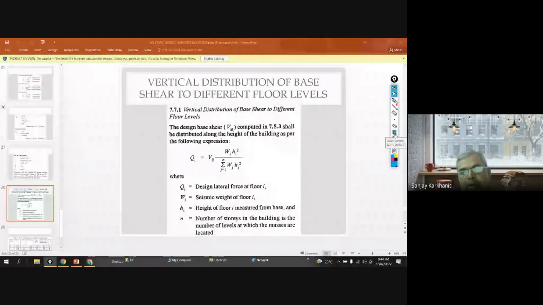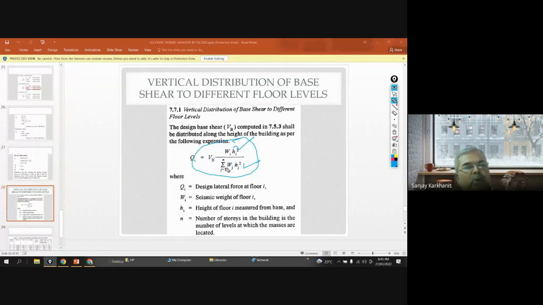अभी ये कॉम्प्लिकेटेड लग रहा है? No, sir. Because now you have understood the meaning of this. So कुछ नहीं, the seismic weight at ith floor multiplied by height of ith floor raised to 2 divided by sum of all seismic weight with respect to their height square and the summation multiplied by VB.